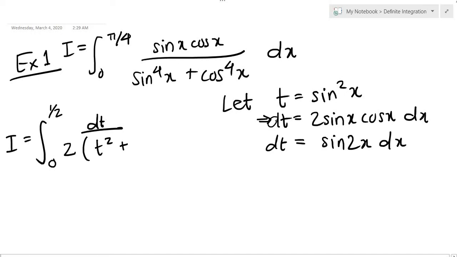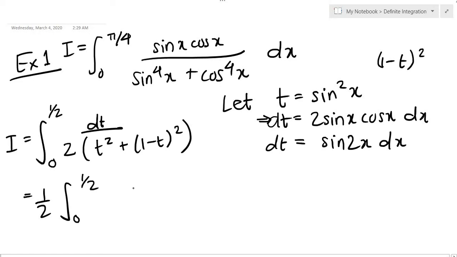Cos square will just be 1 minus sine square, so 1 minus t the whole thing squared. So that's cos to the fourth power, 1 minus t the whole thing squared, and we already put the dt. So I'll just pull the 2 outside.